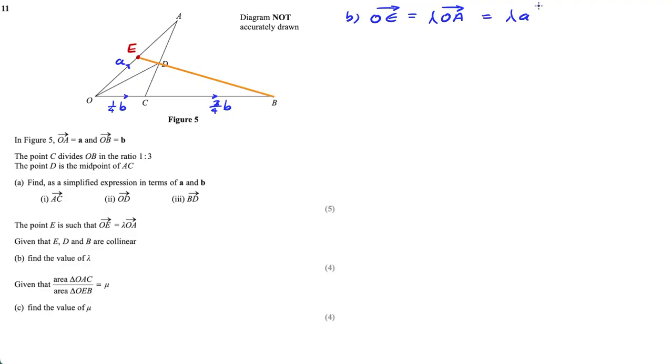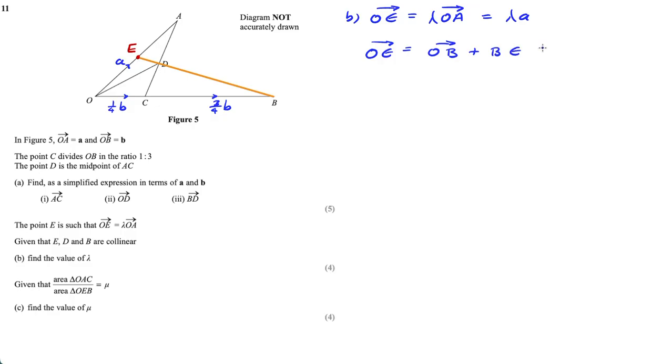Okay, fine. The second way I'll get from O to E is through this here. I'll go O to B and then B to E. So let's write this here. OE is equal to OB plus BE.